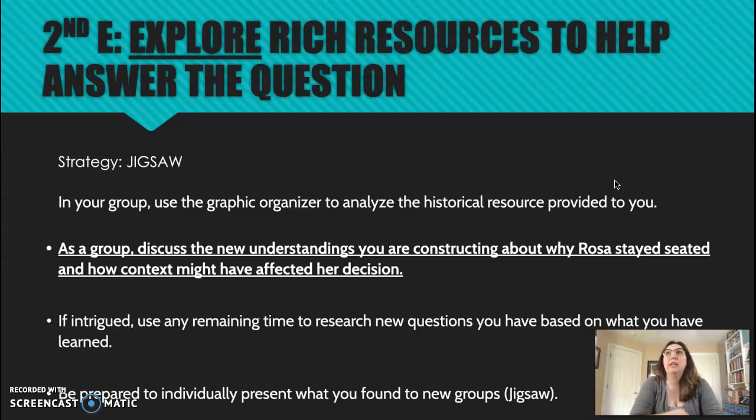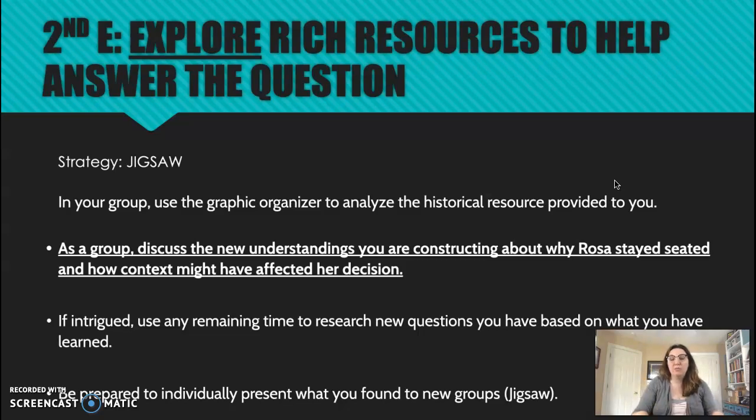Another person is reading the police report of Claudette Colvin, who actually stayed seated in Montgomery 9 months before Rosa Parks did. Another group is reading about the Montgomery bus boycott and how people walked to work, sometimes 7 miles each way for over a year. They boycotted buses, and what finally got the buses to be integrated.